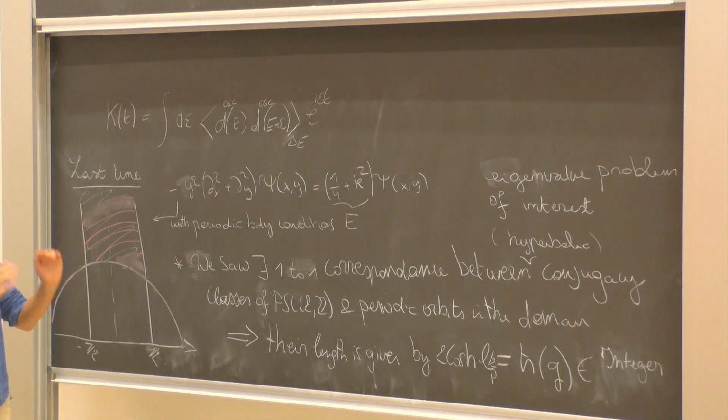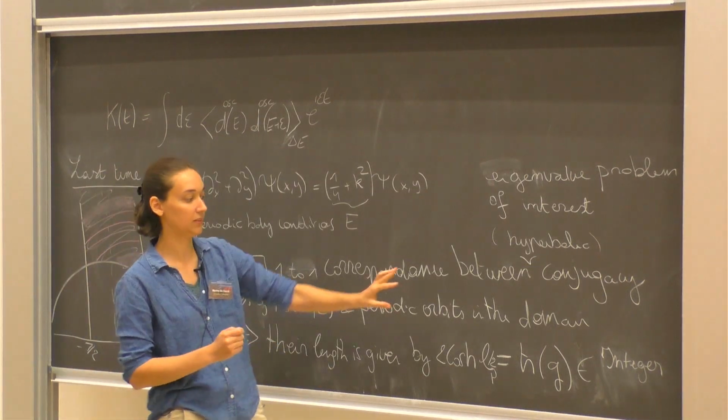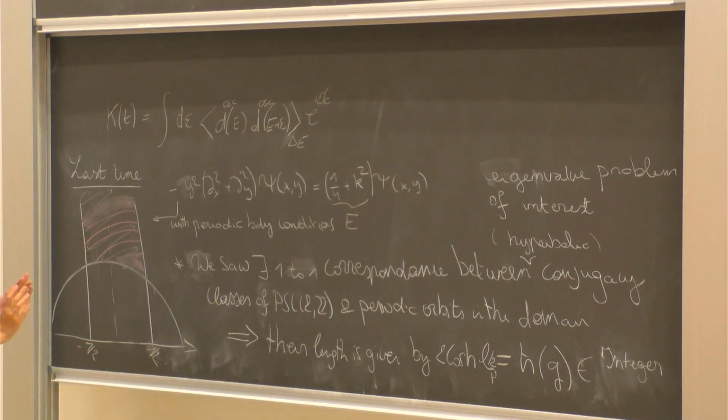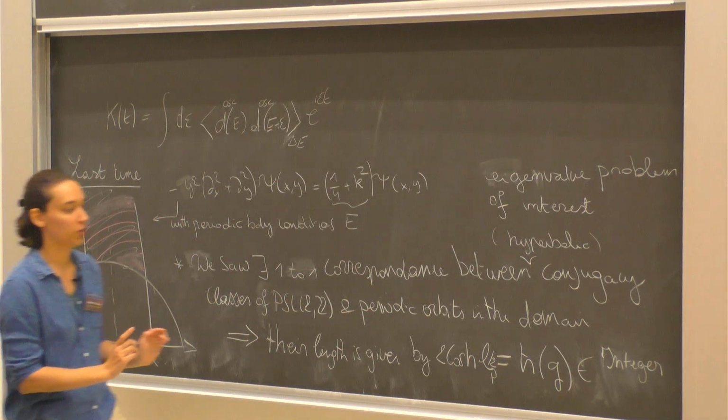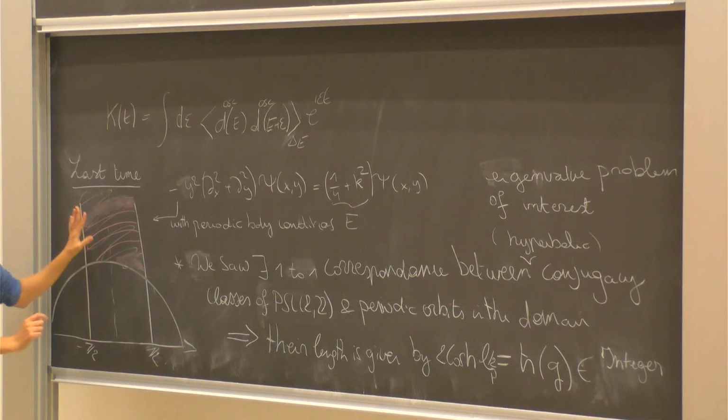We saw that for every geodesic that is not necessarily a periodic orbit, you could find matrices in PSL(2,R) that were leaving this geodesic invariant. Only the matrices in PSL(2,Z), as opposed to R, were actually leading to periodic orbits.